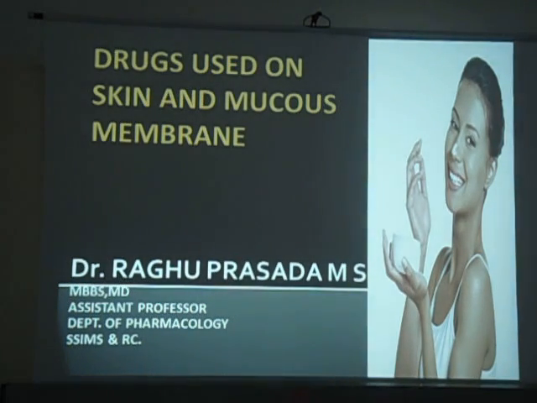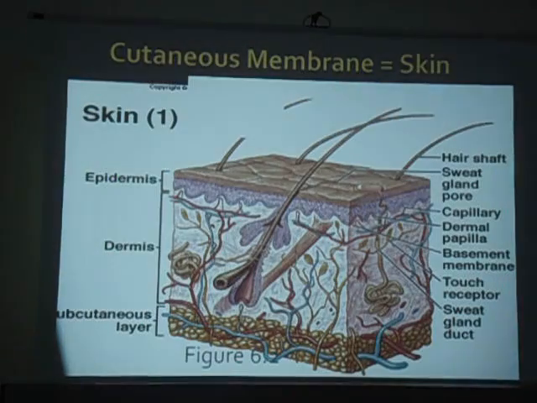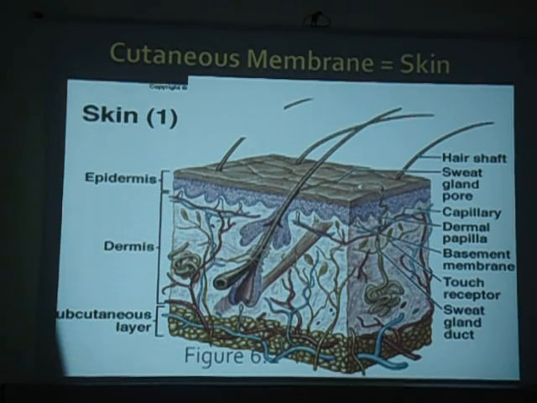Drugs used in skin and mucous membrane. So skin, you know, we have the epidermis layer, dermis layer, subcutaneous layer. There are some diseases which can be associated with the epidermis. Then there are some deep-seated diseases which can affect the dermis, and there are sweat glands here.